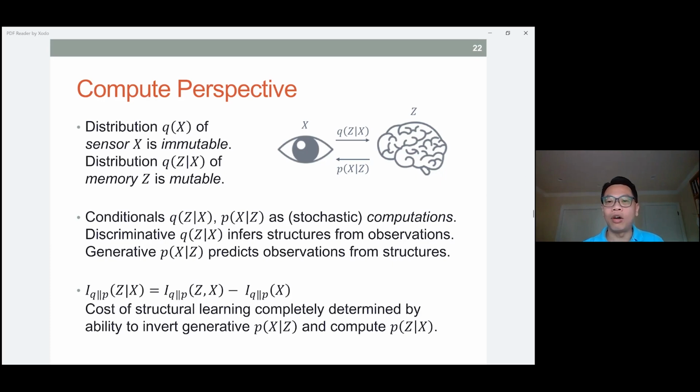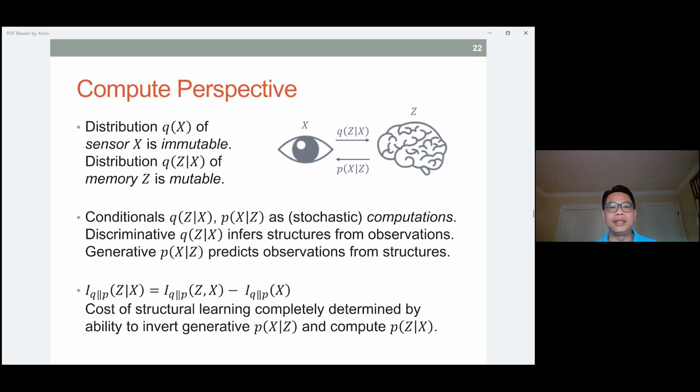Z often in variational inference is thought of as a hidden variable, something like the labels of some mixture model and so on. But I like to think of Z differently. I like to think of Z as a kind of memory, like a RAM or something that you have in your computer, in your hard disk. And this Z is able to help us store information.